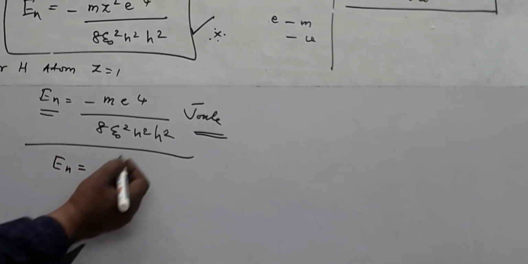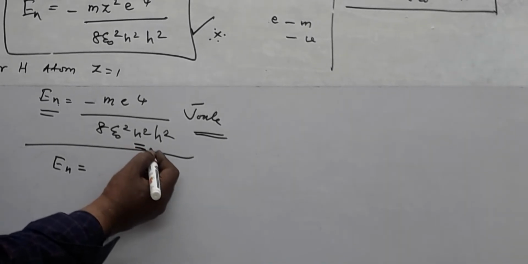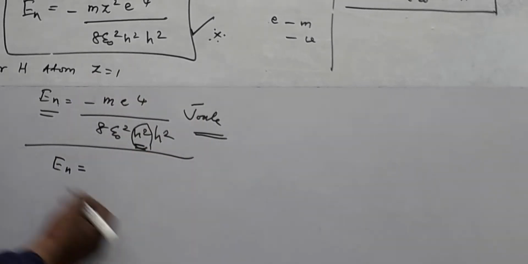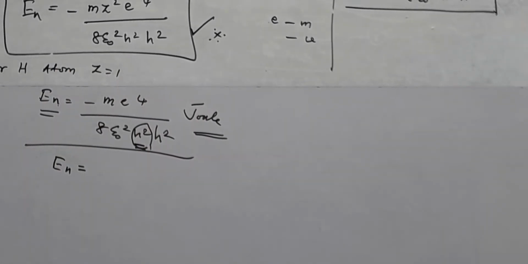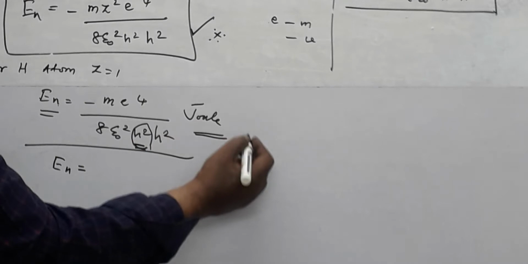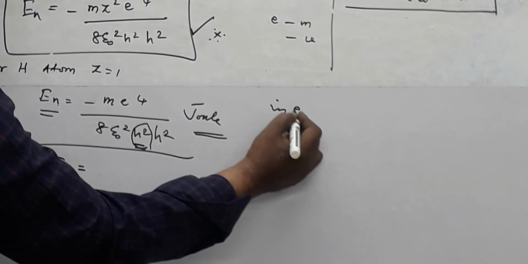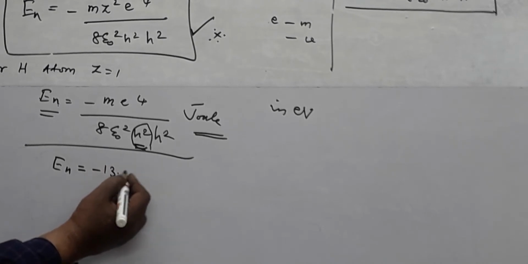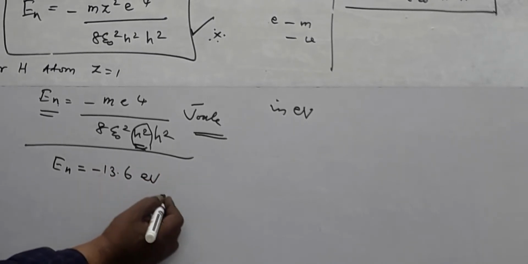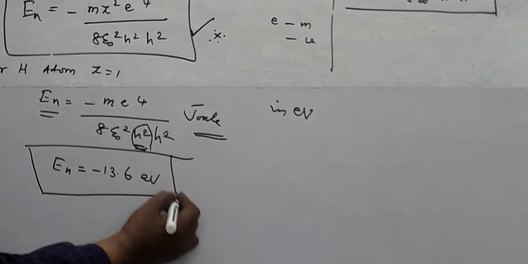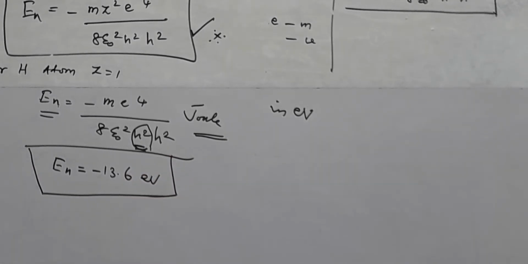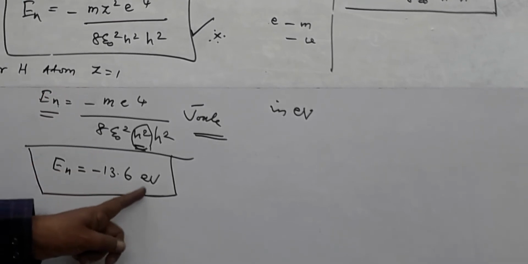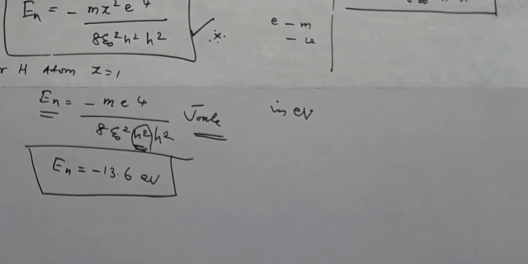Except n, all the remaining values are known, and substituting them in electron volts, we get minus 13.6 electron volt. This is the energy of the hydrogen atom in electron volts.